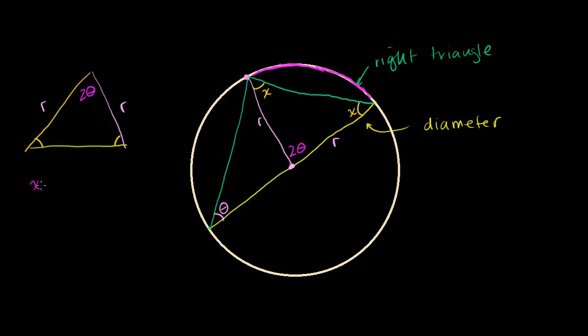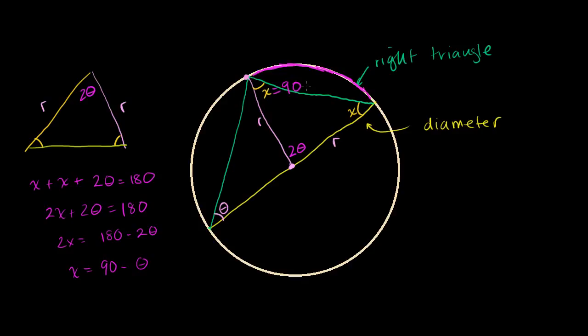We get 2x plus 2 theta is equal to 180 degrees, or 2x is equal to 180 minus 2 theta. Divide both sides by 2, and you get x is equal to 90 minus theta.